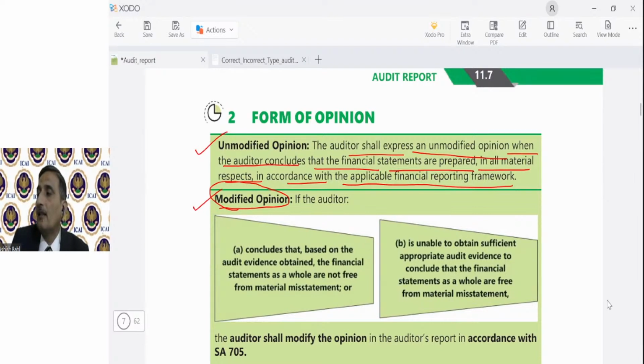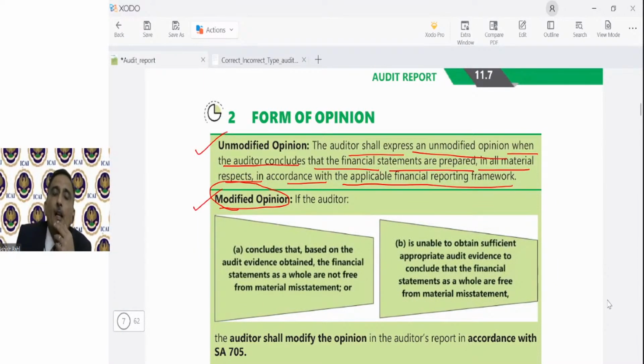What does modify mean? When you modify something, it means that you are changing its original shape. You are trying to change it.